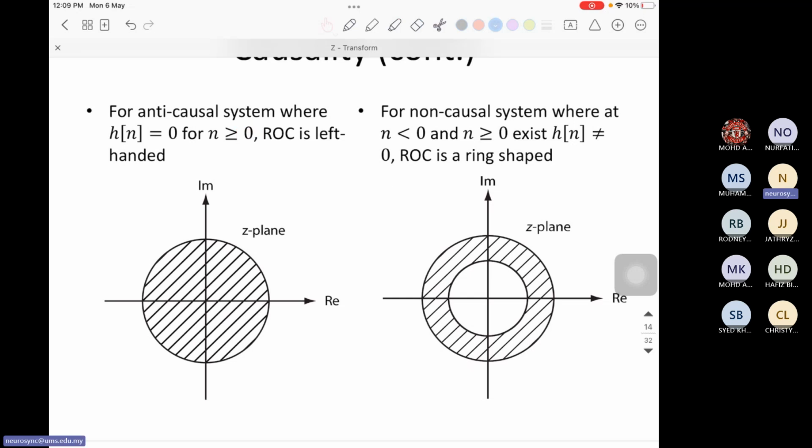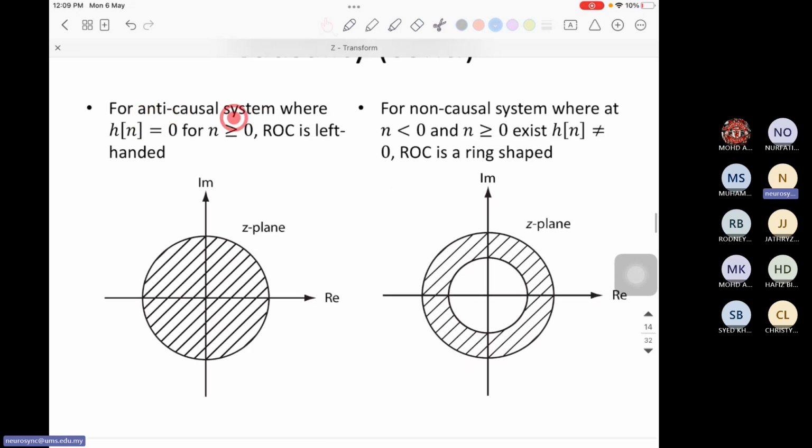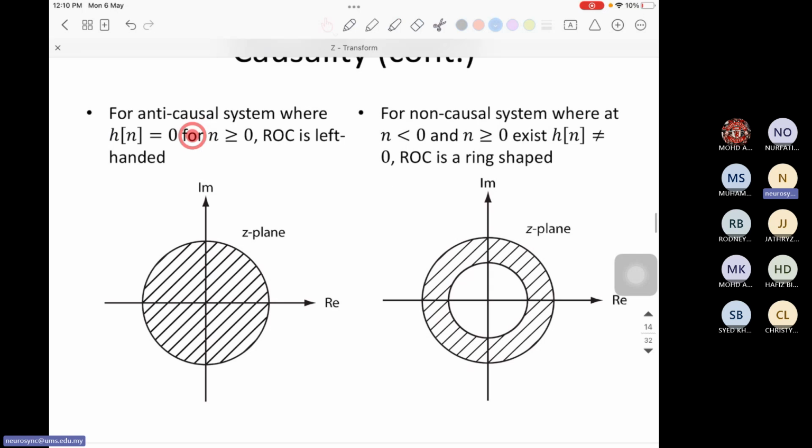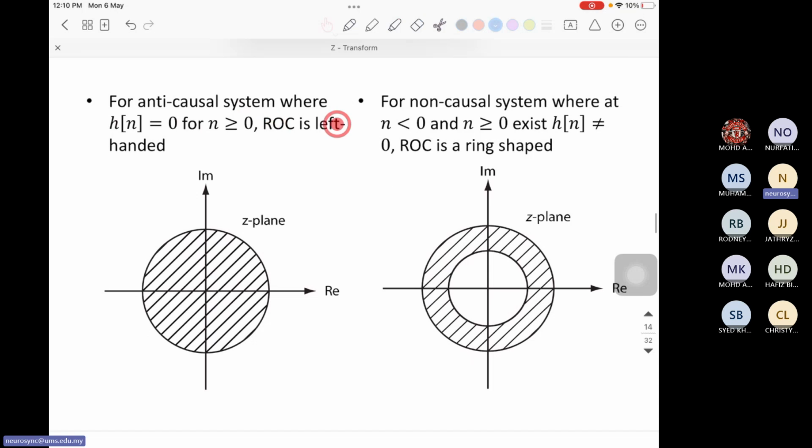So in this anti-causal system, the ROC is left-handed. Left-handed ROC means the ROC is inside the circle.